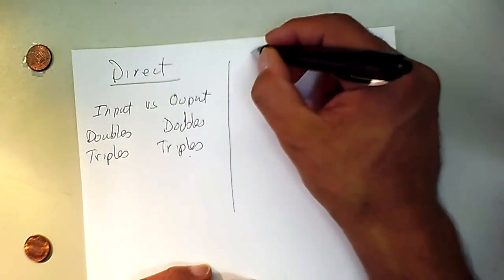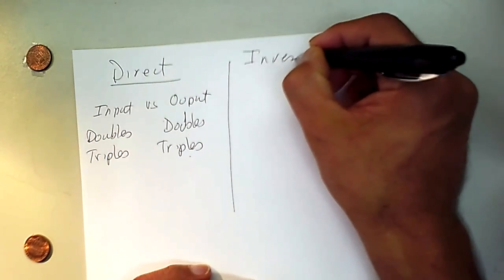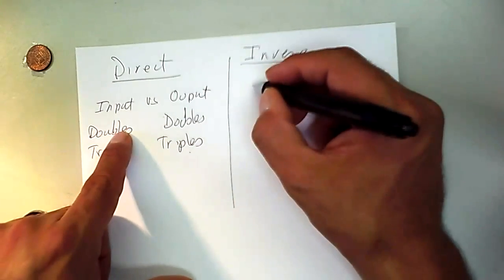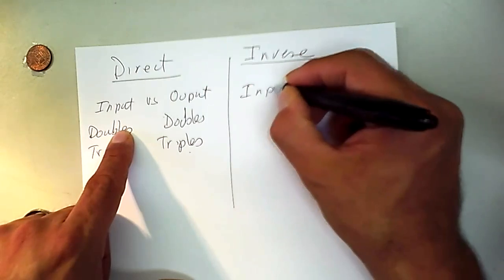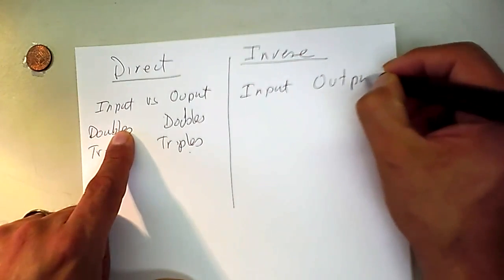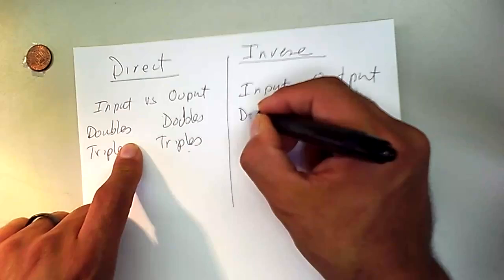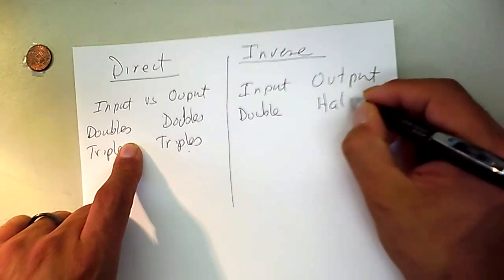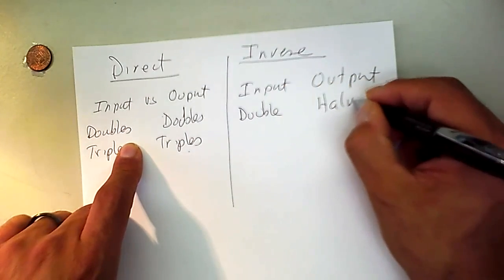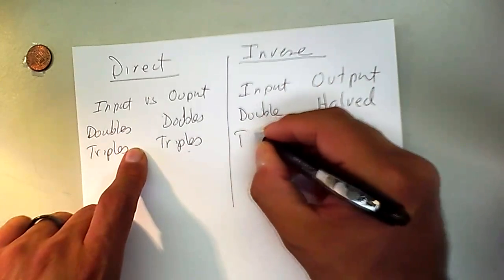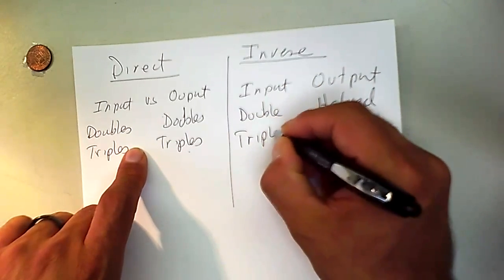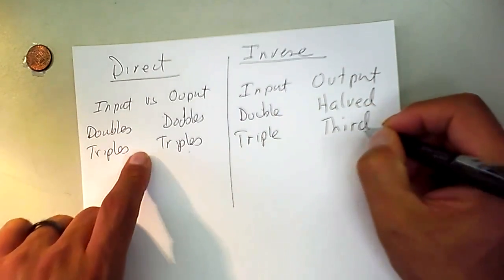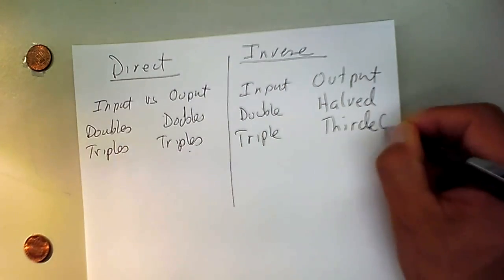Okay, and then we have the inverse. The inverse variation is distinguished from this one because, let's talk about the input and the output. If we double the input, then guess what? The output gets halved. If we triple the input, then the output gets thirded, whichever way you want to say it.